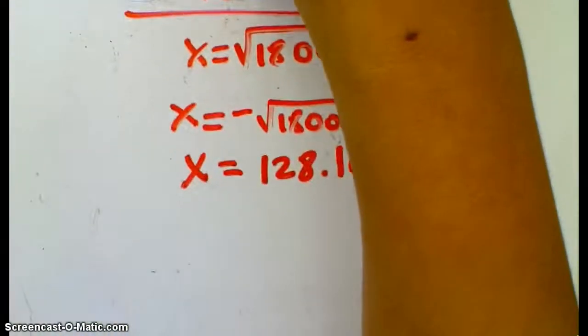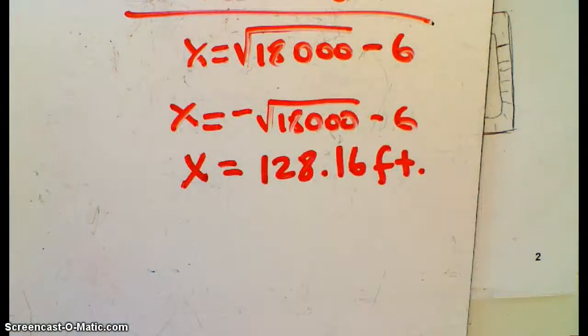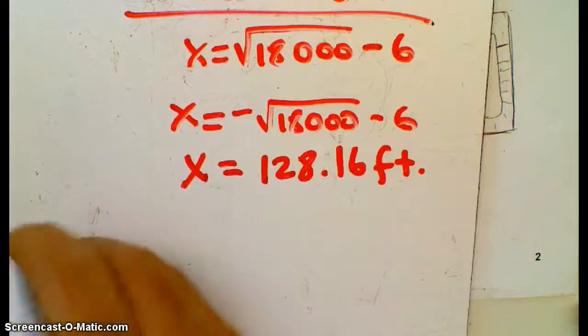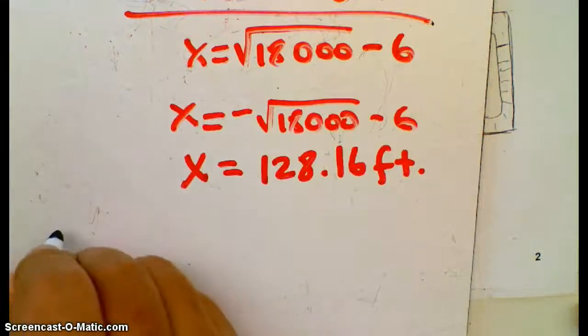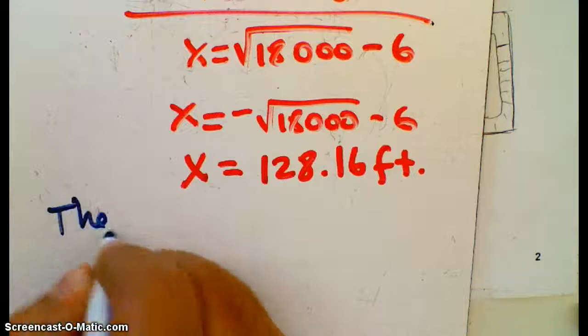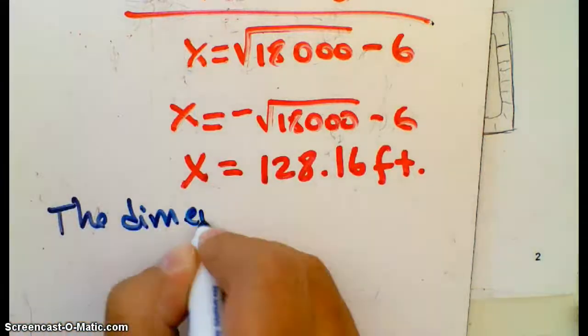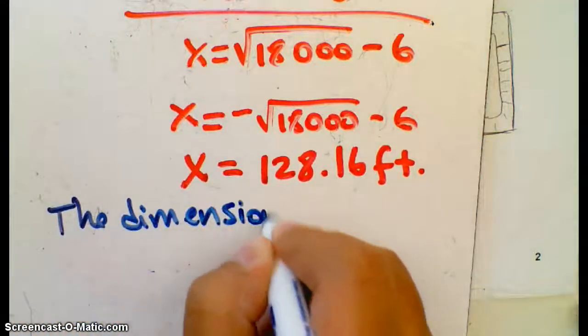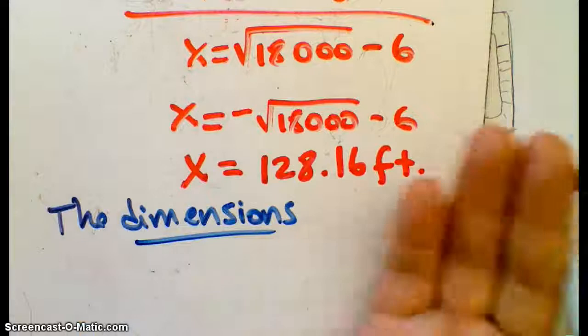So now I just have to write my answer as an English speaker. I know you must be laughing inside, but I am an English speaker. So I will say the dimensions. Now, dimensions is just another word for size.